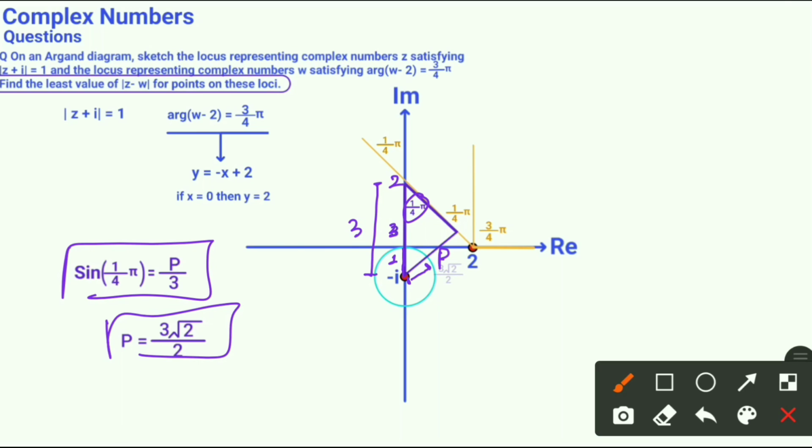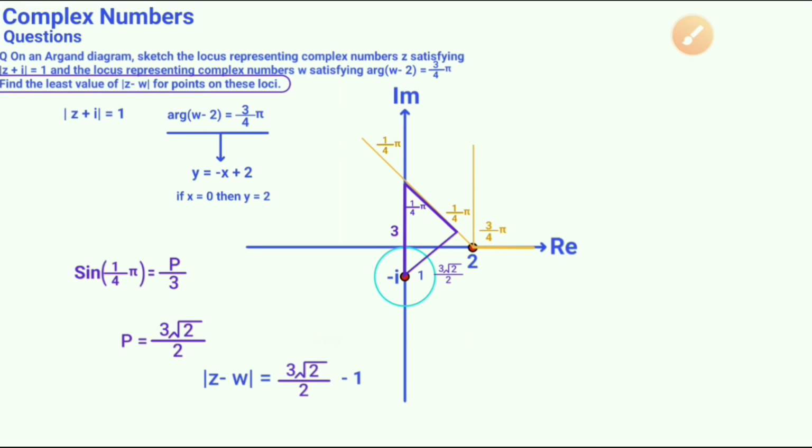Okay, so we have found it now. Since the radius of this circle is 1, 3 root 2 upon 2 minus 1 is the answer for the least distance between the circle and the line. Okay, so there you go. This is how you do it, and congratulations, complex numbers is done.